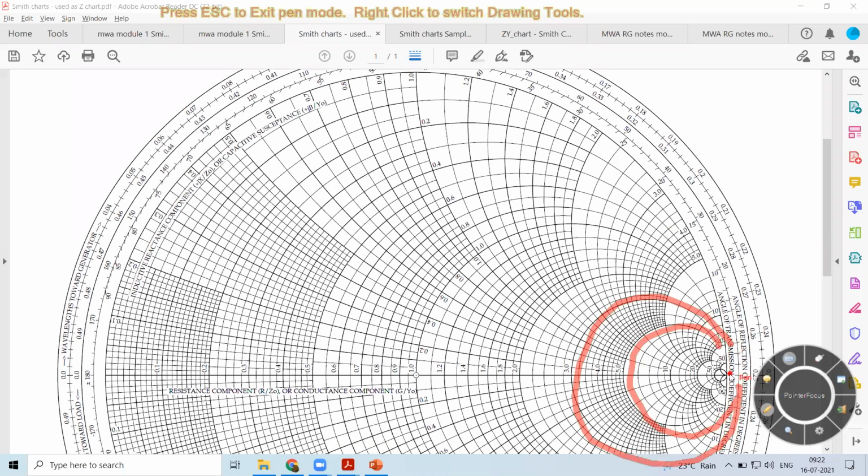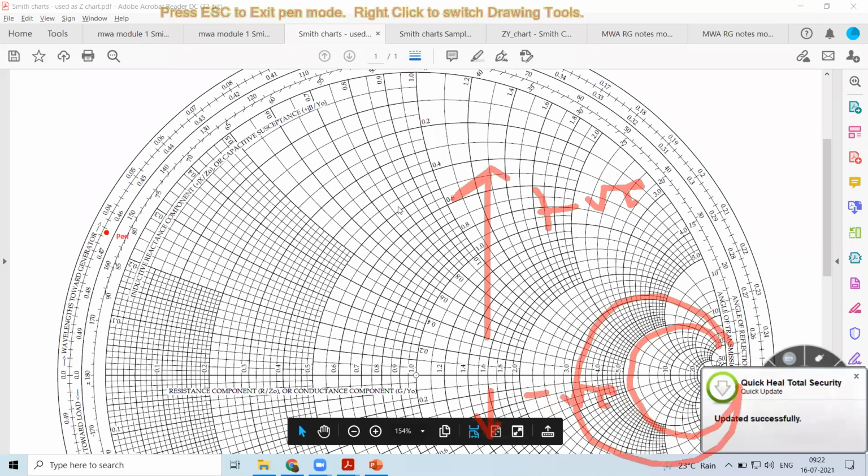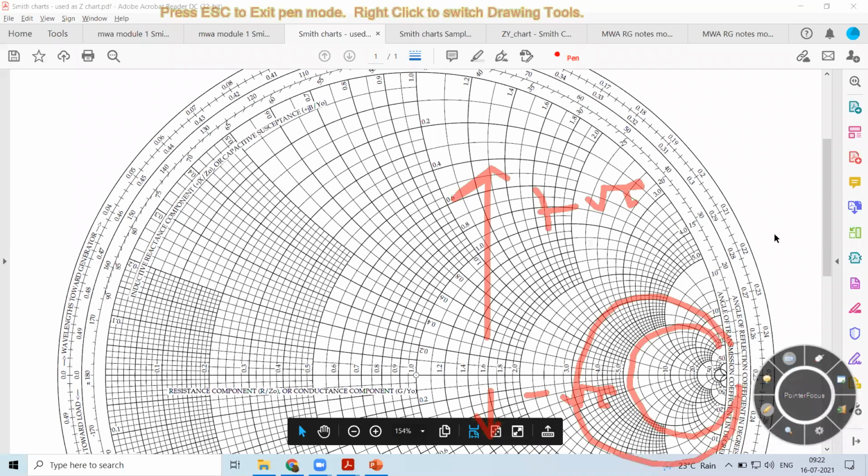Now, when it comes to reactive or susceptance values, the upper part you use for the positive imaginary part and the lower part you use for the negative imaginary part. That is in a simple way what I can put. So you use this for plotting the positive imaginary part and this lower part for the negative imaginary part, if you're using this chart as the Z chart and Y chart.